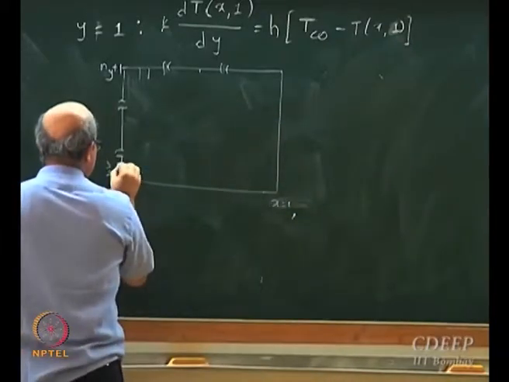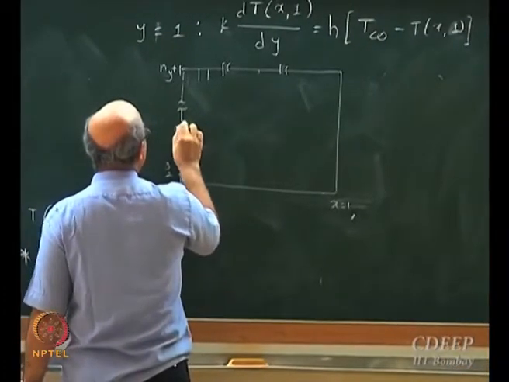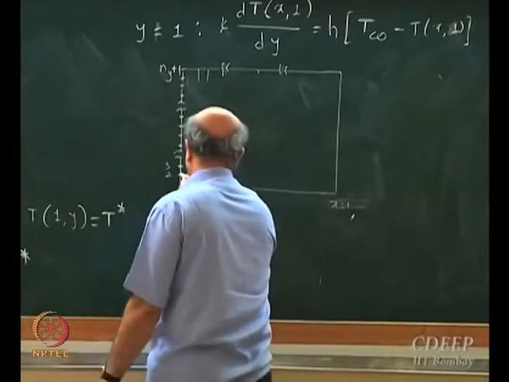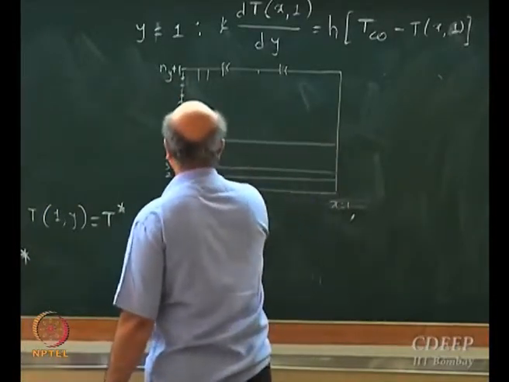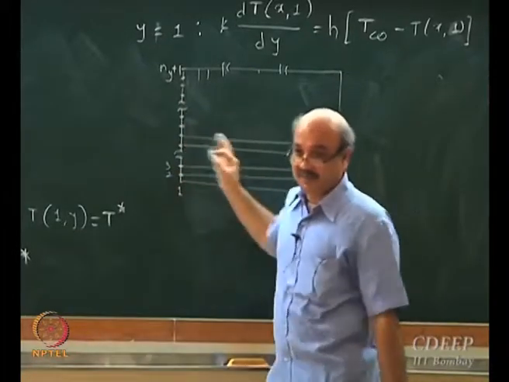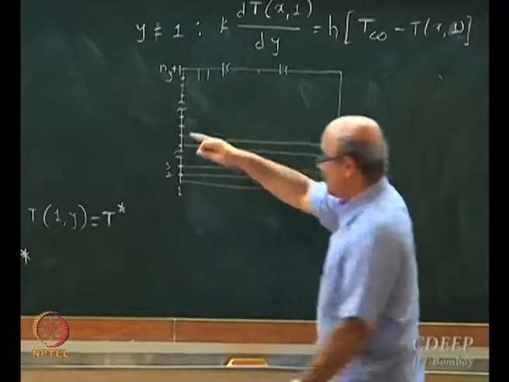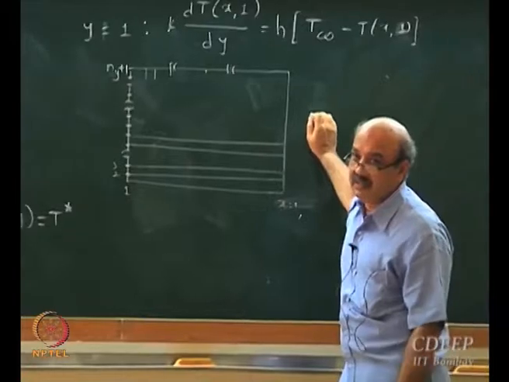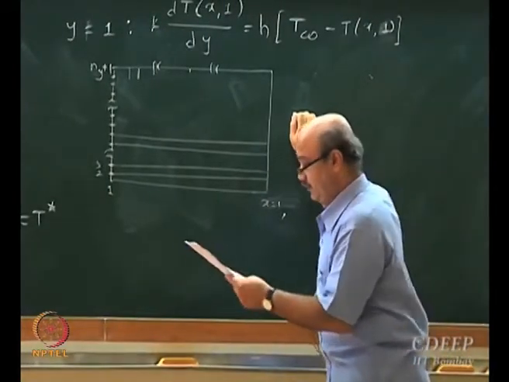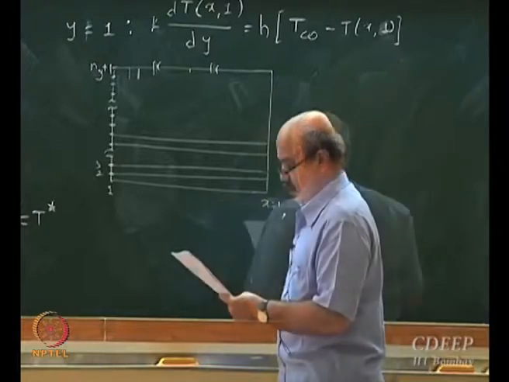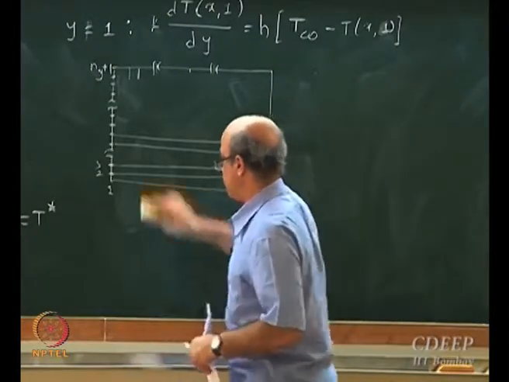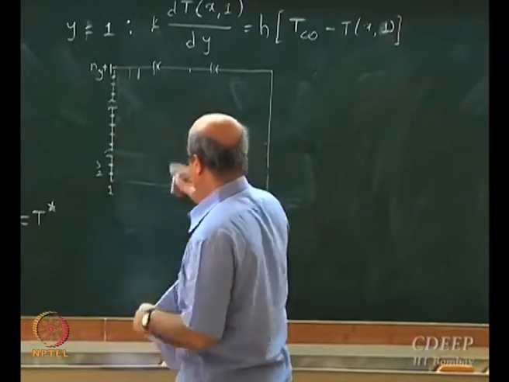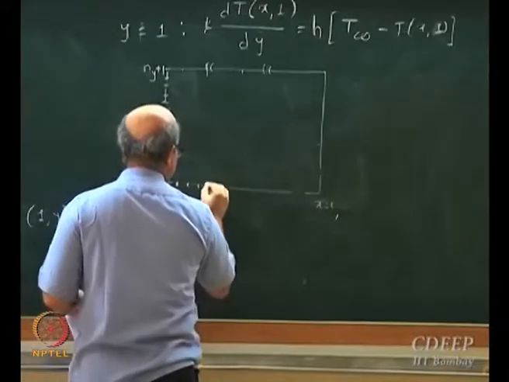Well, the lines in my drawing are not looking parallel, but I intend to draw parallel lines. I want to discretize only in one direction and not in the other direction. So, no, 1 minute, I have made a mistake here. I want to draw lines parallel to the x axis.